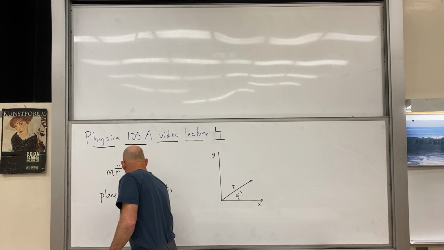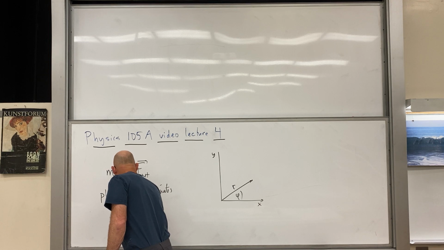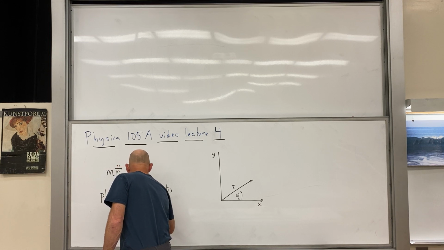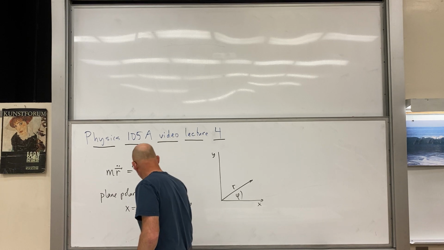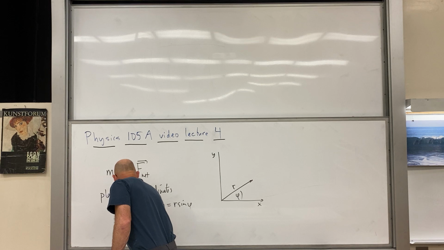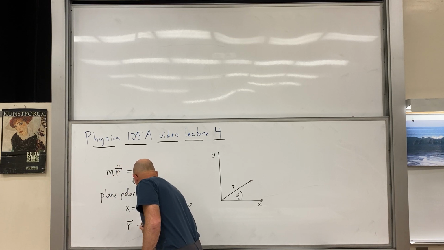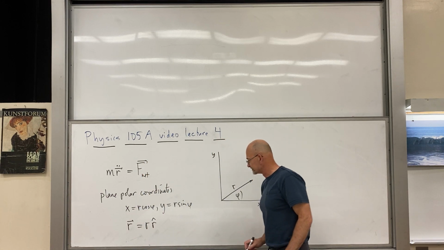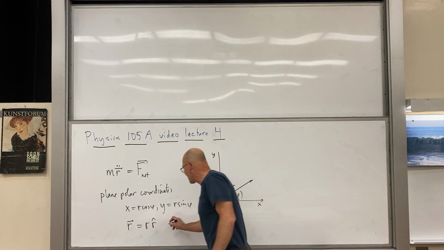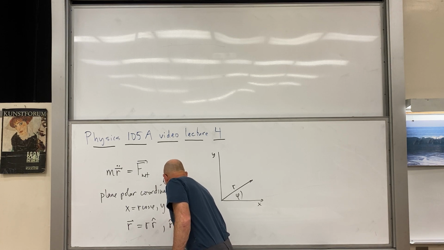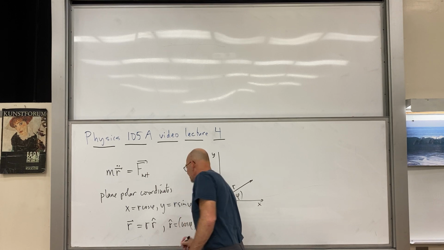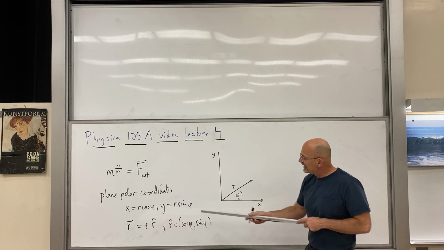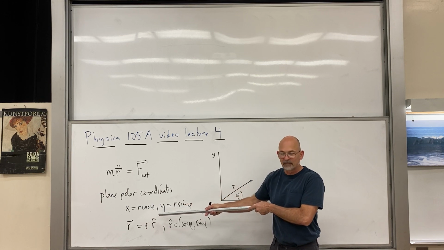Therefore, just out of geometry, x is r cos phi and y equals r sine of phi. What we found is we could write the vector r as its magnitude times the unit vector, and the unit vector r hat is just cosine of phi, sine of phi. But now r and phi are functions of time.